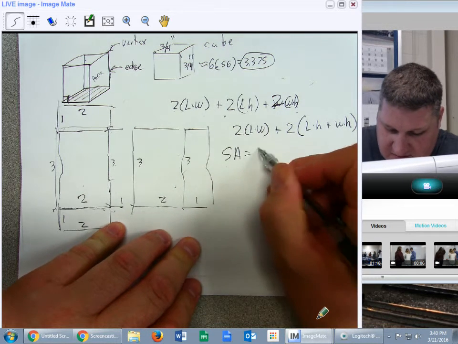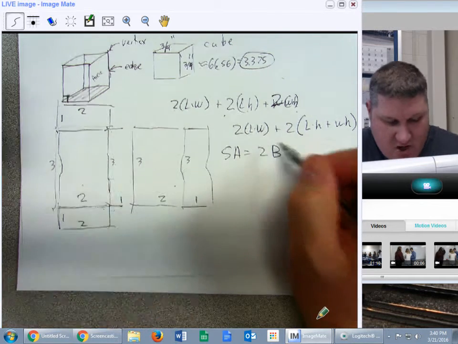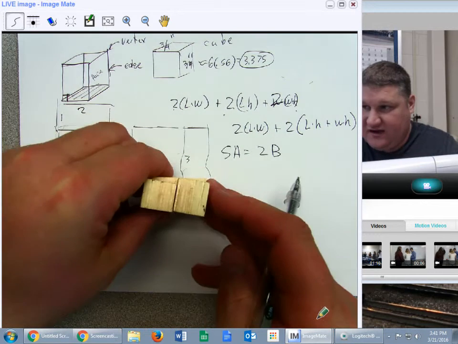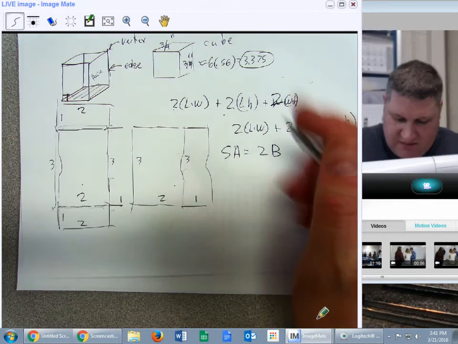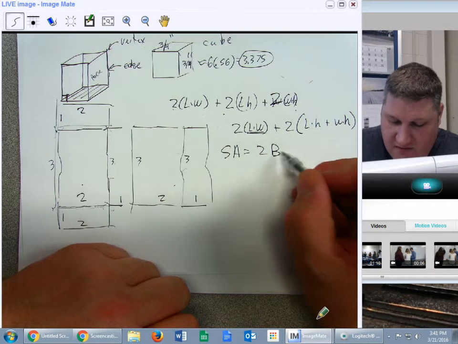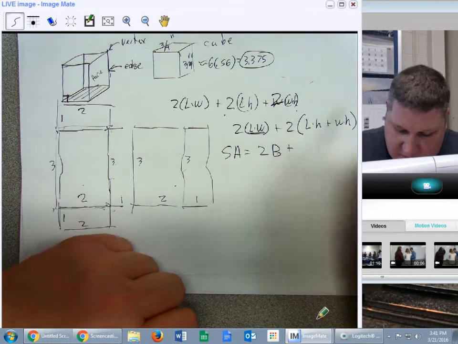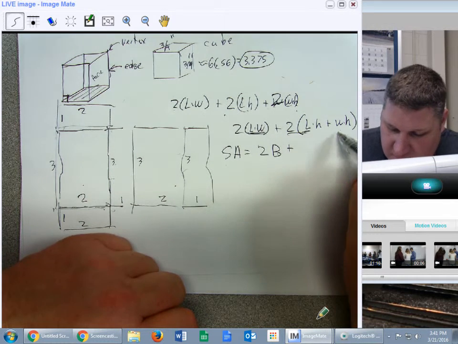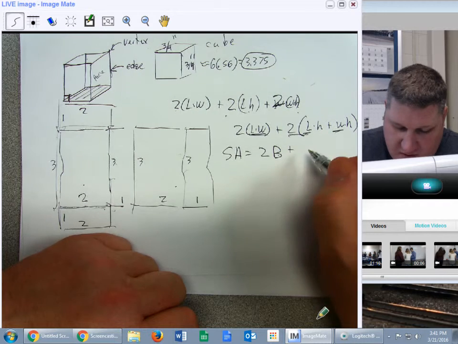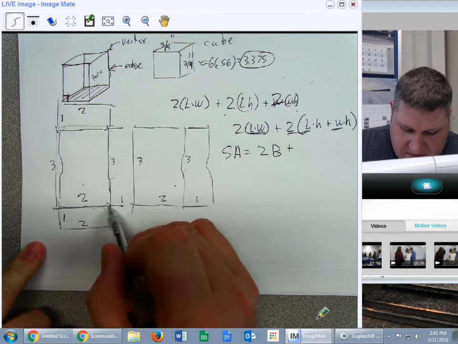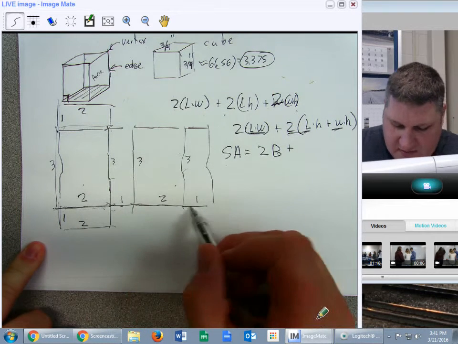The short version of this is the surface area is going to be 2 bases, because what is the base of a rectangular prism? The base would be length times width. So 2 bases plus 2 lengths plus 2 widths. Well, a width, a length, a width, a length.